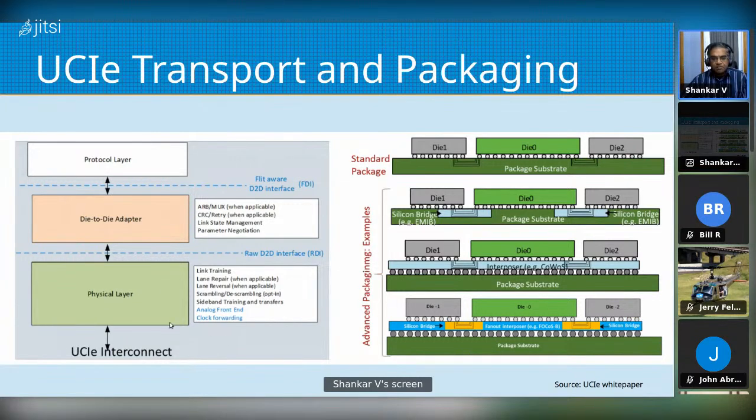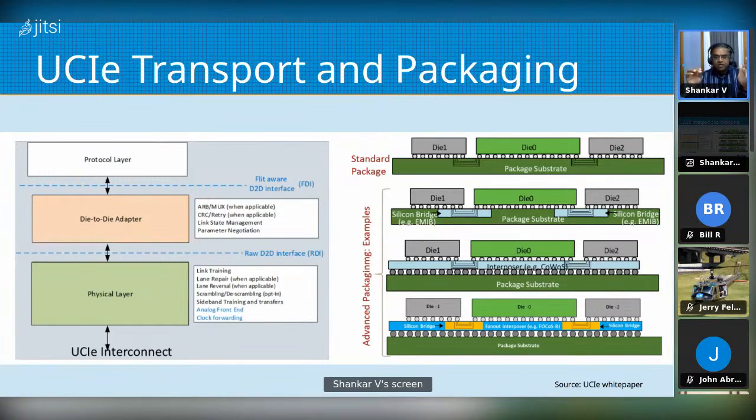There are multiple lanes, so you have to train it when you go to higher speed. Basically, what training means is you need to find out how much delay there was so that the data and the clock can be aligned. It could be based on the distance between the two chiplets and the resistance in between.